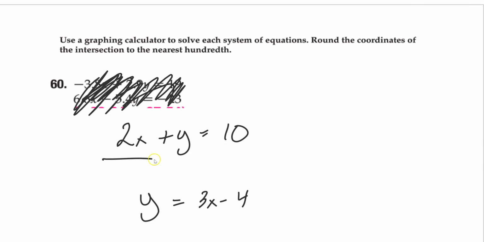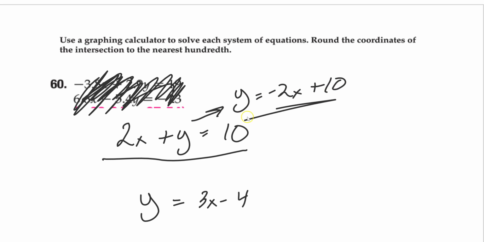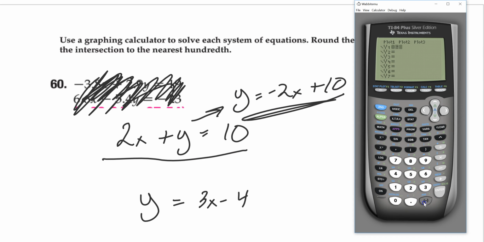So this equation right here, I can't plug in yet. I've got to get y by itself, so I have to solve for it. Subtract 2x from both sides. I get that. Now I can plug it in. So you have to get y by itself. I can plug in negative 2x plus 10, and for my second equation, I'll type in 3x minus 4.